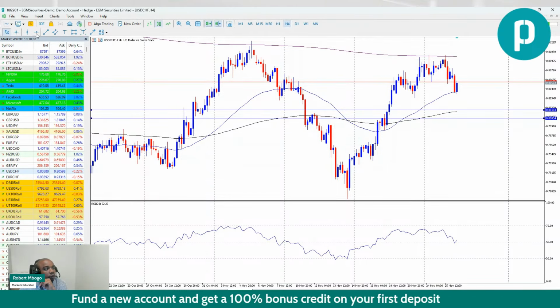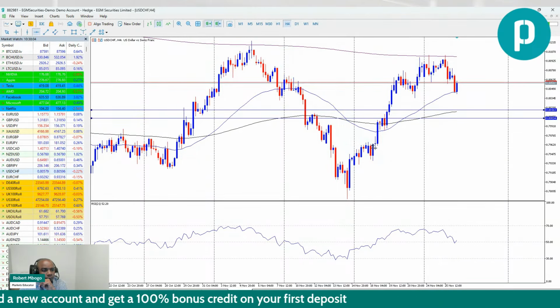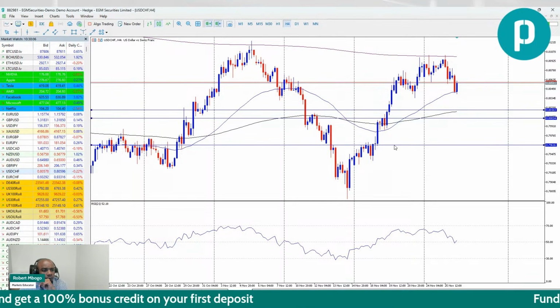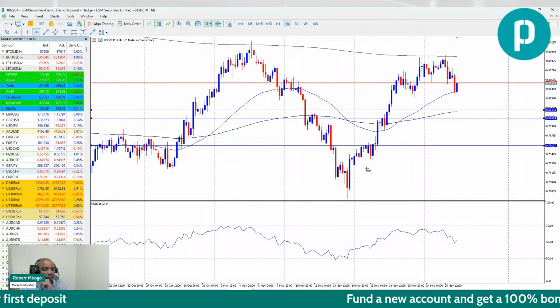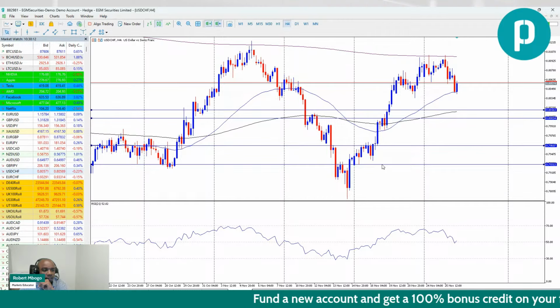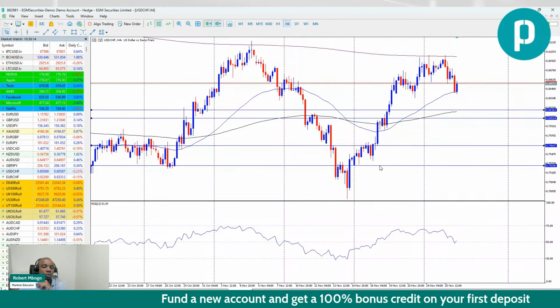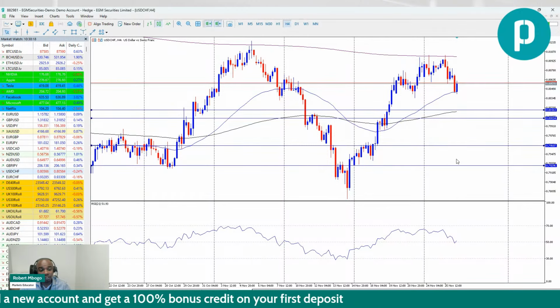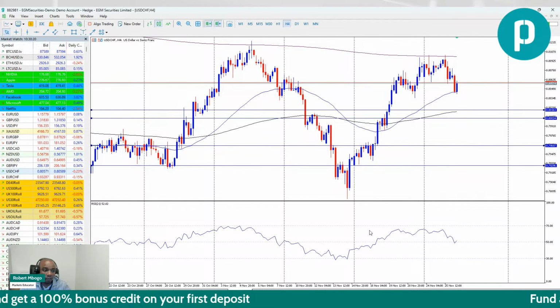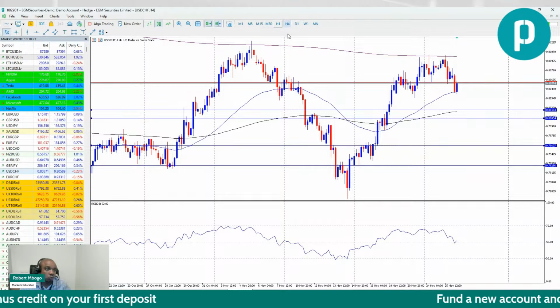There's also another order block here. And then we have the weekly low, the lowest price this week, right? That was set up on Monday. So these are possible areas where USD/CHF could come to.